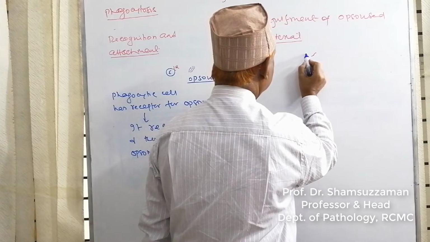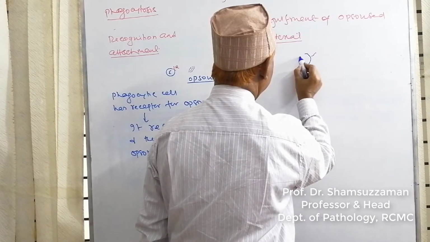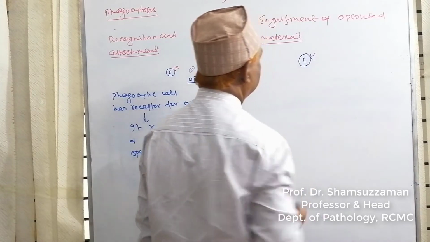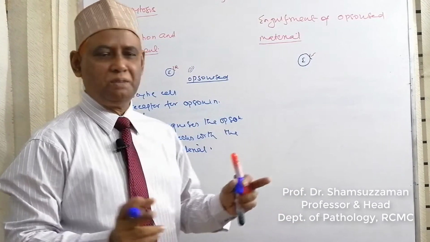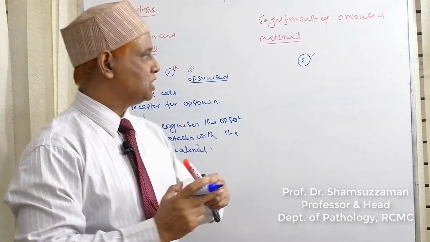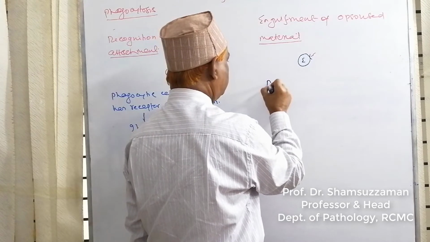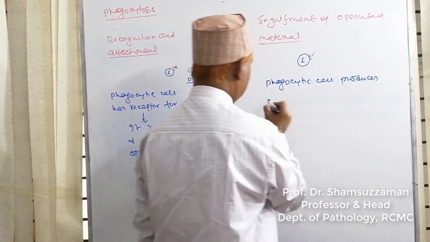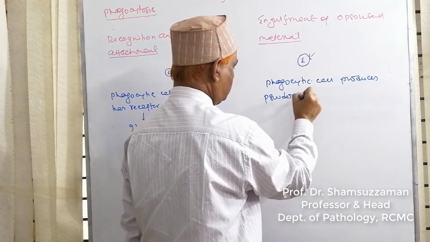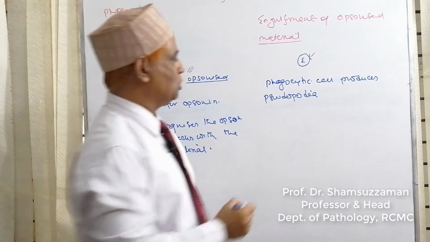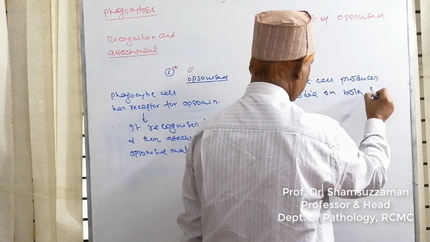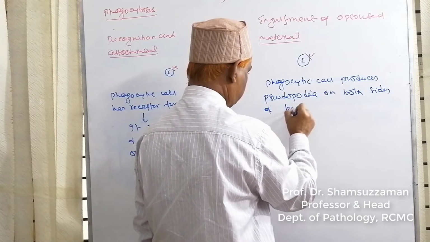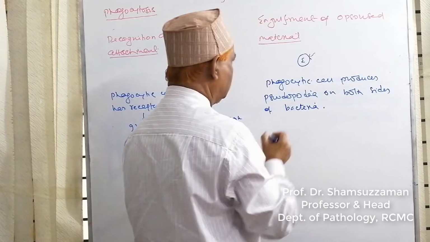After attachment with the opsonized material, the phagocytic cell produces pseudopodia on both sides of the opsonized material, or both sides of the bacteria, like this.